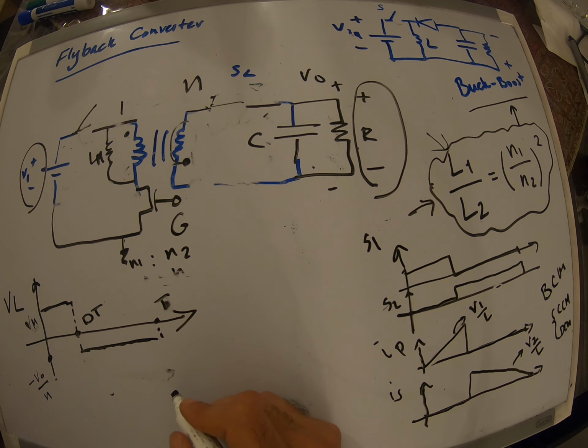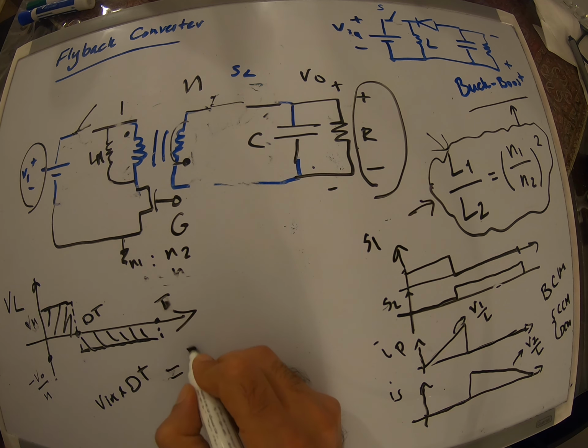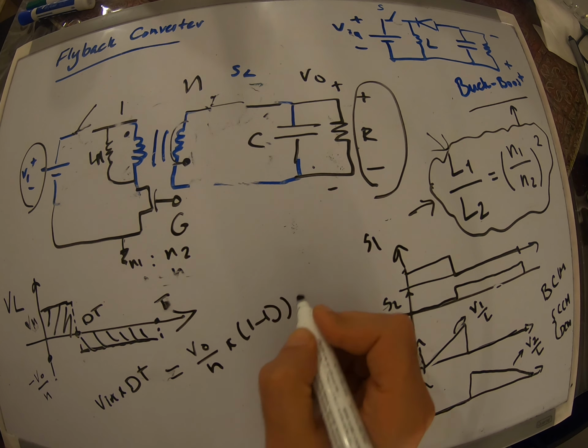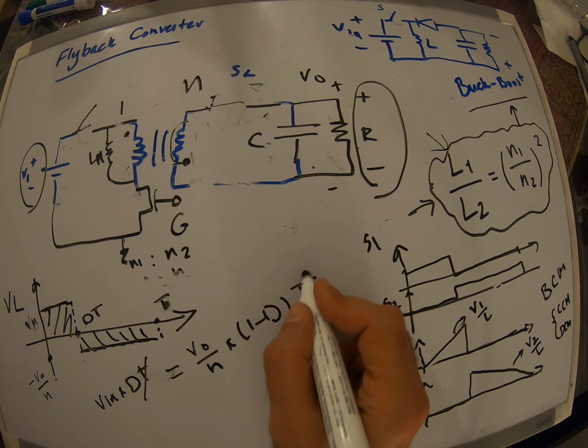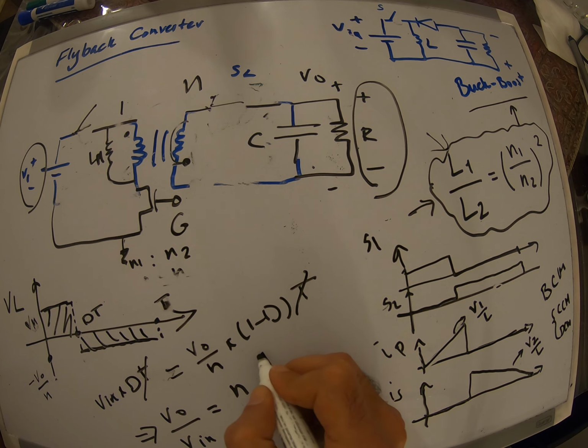Okay, so we can just write down Vin times dT, which is this area, has to be equal to this area, which is VO over N times 1 minus D times T. T cancels out. So VO over Vin is going to be N times D over 1 minus D.